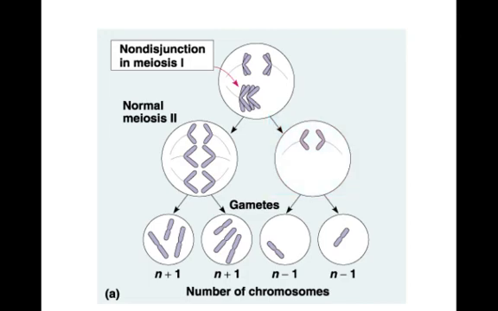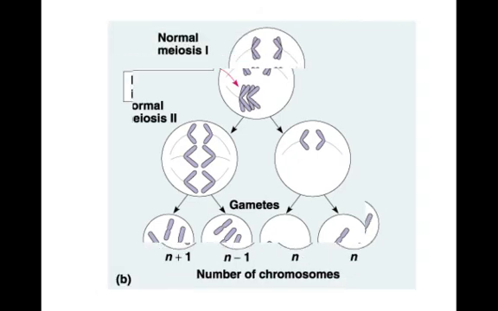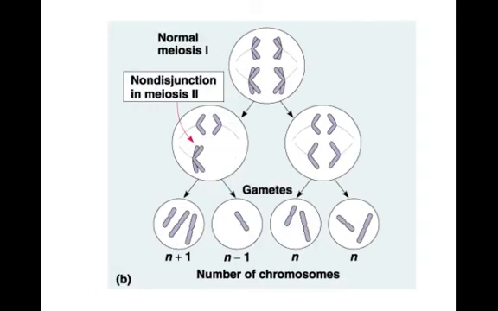And if you follow that through to production of the gametes or sex cells, you'll notice that 2 of them have an extra chromosome and 2 of them have a missing chromosome. So if any of those sex cells were fertilized, you would have potential for a chromosomal problem in the offspring.